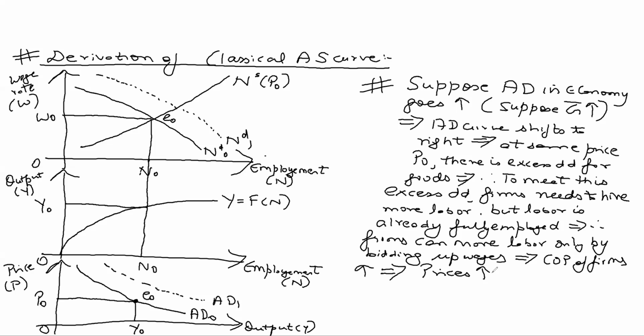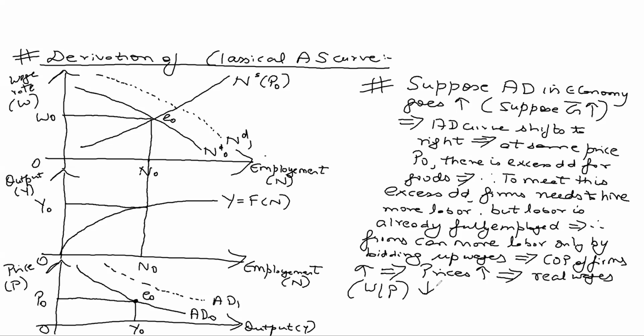When prices increase, what happens to real wages? The real wage, which is W by P, starts falling. Okay. When prices increase, real wages start falling. When workers supply labor, they don't supply labor based on nominal wage. Workers supply labor based on real wage.